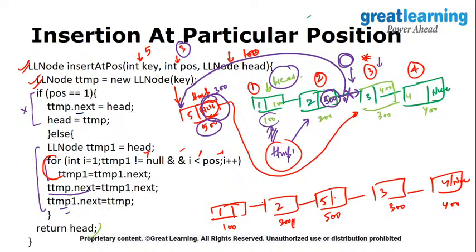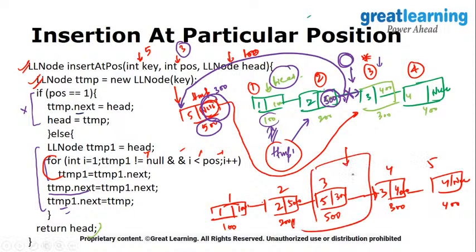Okay. So now this will be pointing to what? 300. So you have this pointed as 300, right? This will be pointing to as it is. This is as it is, right? 400. Now this 2 is pointing to 500. Yes, it is pointing to 500, right? And then you have this thing. This is 100. This is 1, 2, 3, 4, 5. Now you see you have inserted a new node at position 3. Clear? Great. So now let's move. This will cover all the cases at the end, at the beginning, at any position. Okay.